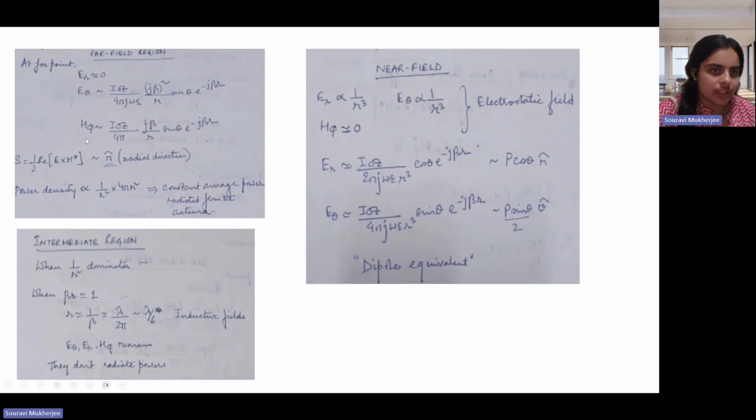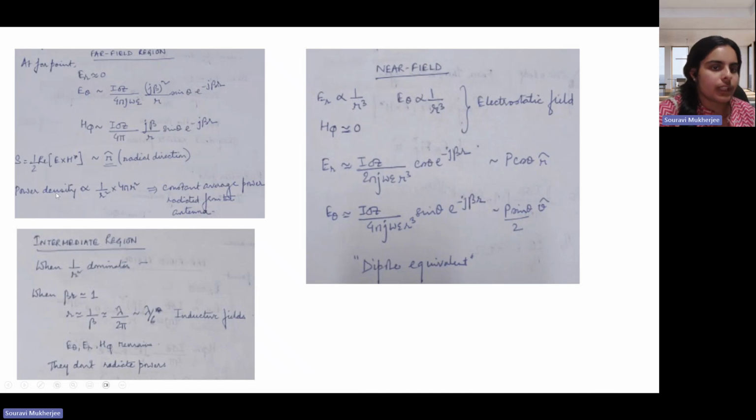And here, now if you look at this, you see that both the electric and the magnetic fields have a 1 by r dependence, right? So if you find the Poynting vector magnitude, it's given as half into real part of E cross H star, right? So the power density in that case would go as 1 by r square, like the Poynting vector magnitude would go as 1 by r square.